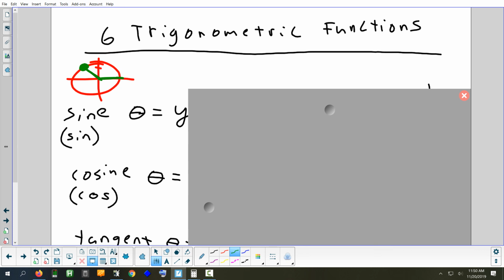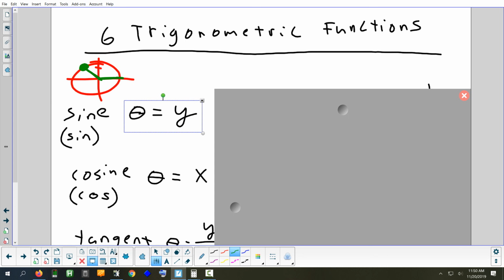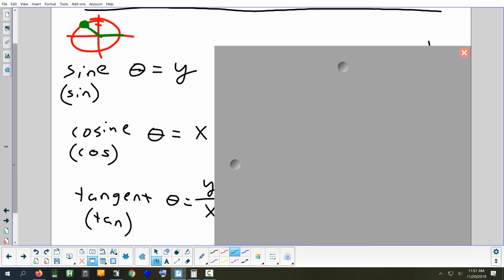Find that coordinate, and then once you find it, I'm interested in the y value, if I ask you about sine. If I ask you a problem about cosine, you draw your angle, put a dot where the terminal side hits the circle, get the coordinate, and all I want to know is the x value. So for sine and cosine, you actually don't even need the whole coordinate. For sine, you just need the y. For cosine, you need the x. For tangent, you need both.